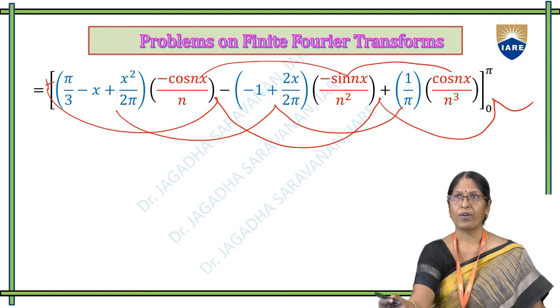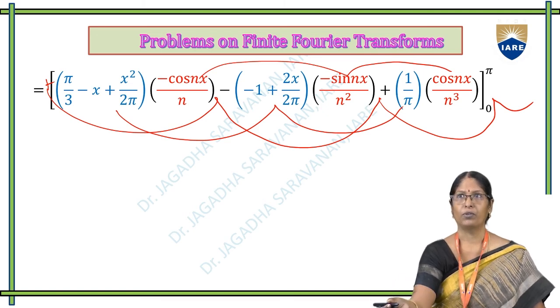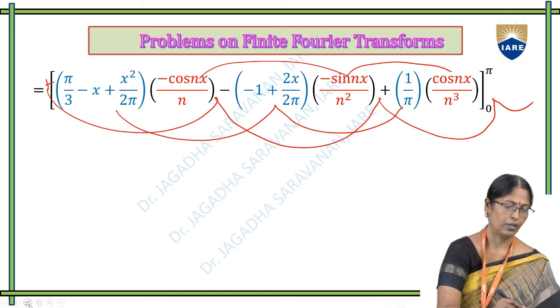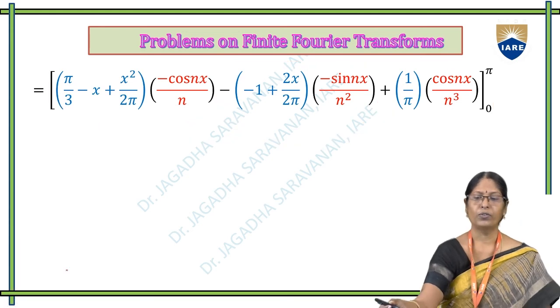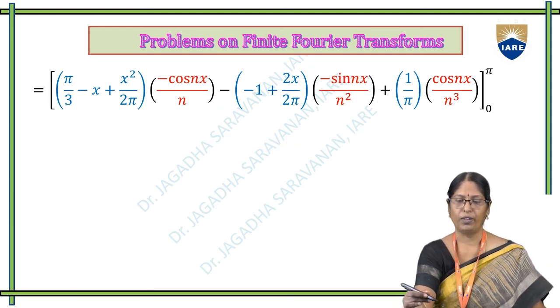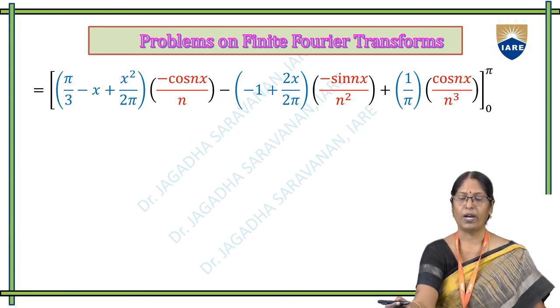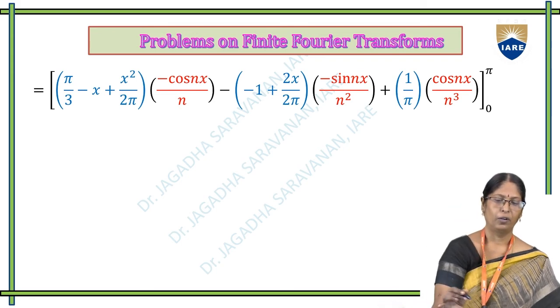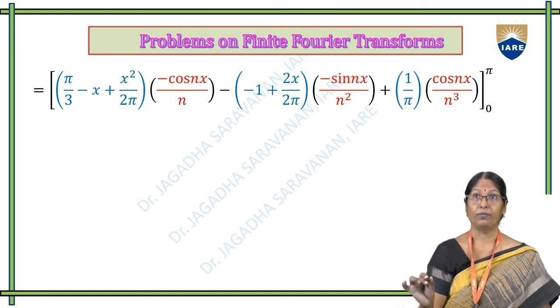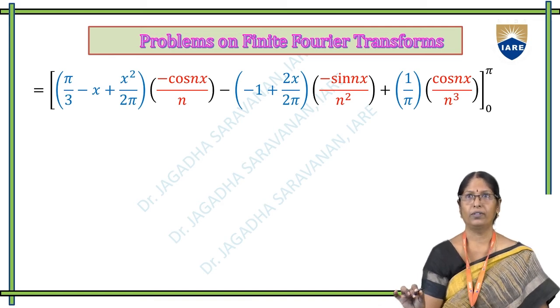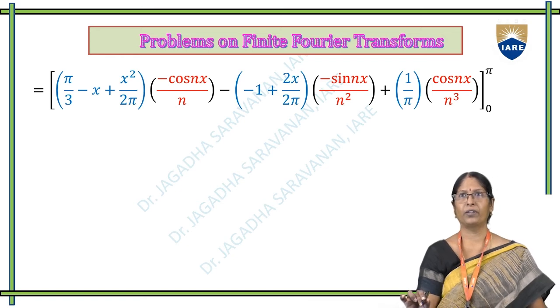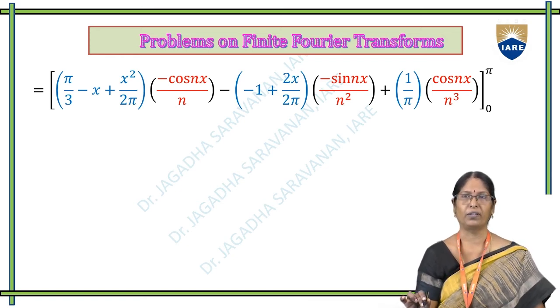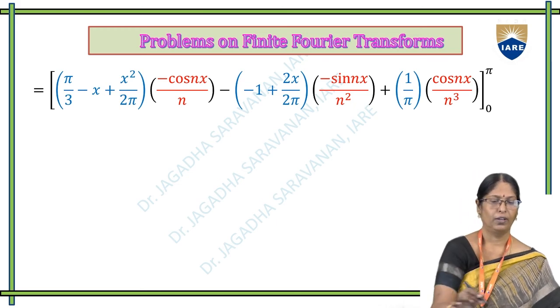So we will concentrate now on the limit values. The upper limit is pi and the lower limit is 0. But before substituting, we have to make up a single term, which should have a single sign. It is not any mathematical rule that we have to keep it like that, it is only to avoid careless mistakes.